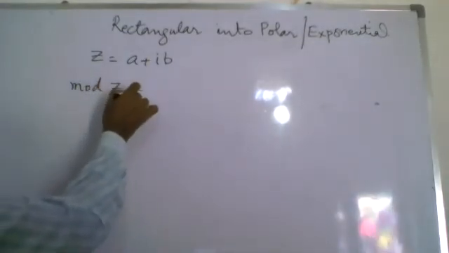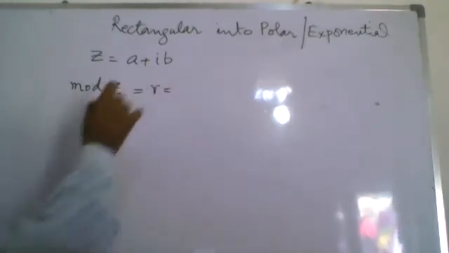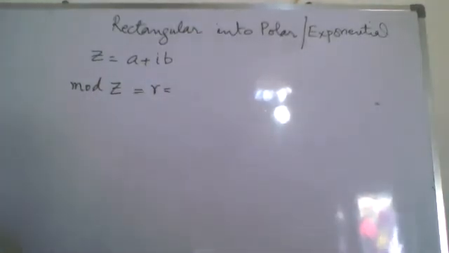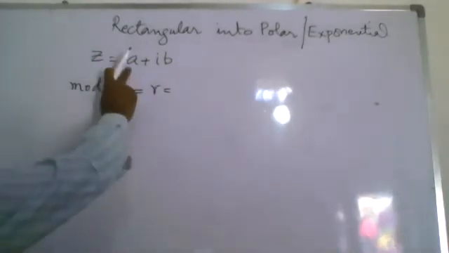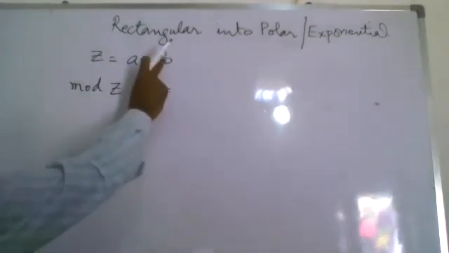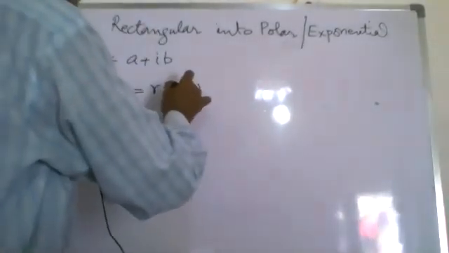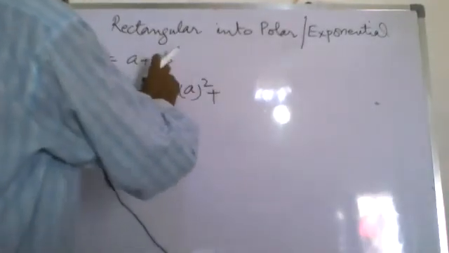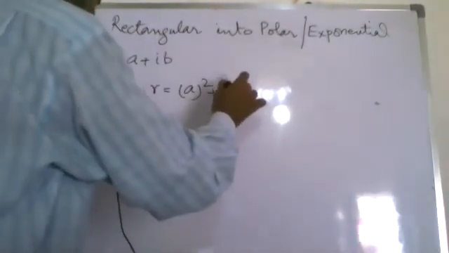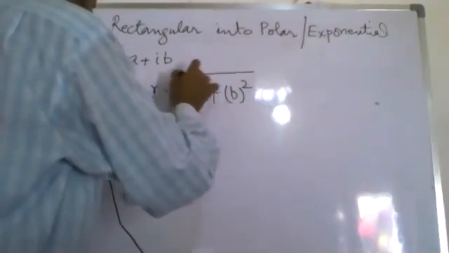That is r. How to find r? We will take the square of the real part plus the square of the imaginary part and then take the square root of the sum. We'll take a square plus b square, whole under root.